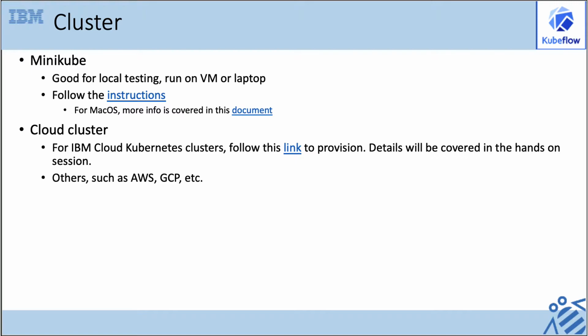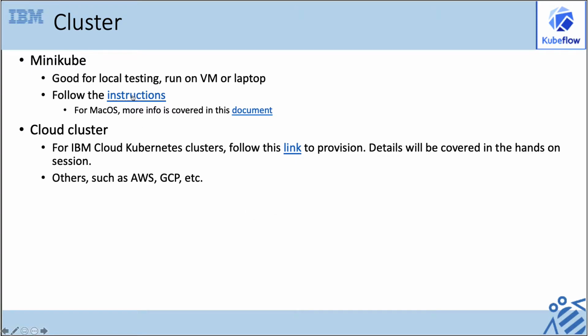So now, talking about a cluster. Because Kubeflow is all about the cloud native machine learning toolkit, you do need to have access to a Kubernetes cluster. As I mentioned already, if you just want a local test environment and to run a very quick example of a small deployment, you can use Minikube running on your VM or laptop.